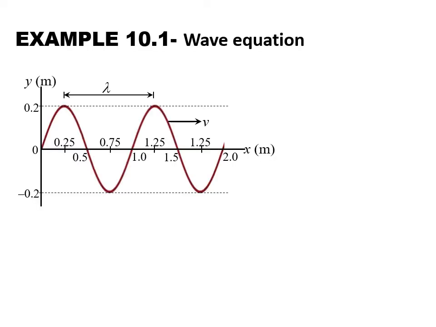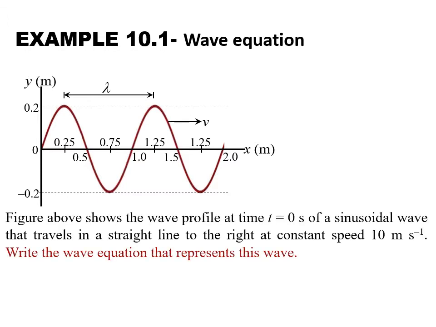Example 10.1. The figure above shows the wave profile at time t equal to 0 seconds of a sinusoidal wave that travels in a straight line to the right at constant speed 10 meters per second. You need to write the wave equation that represents this wave.